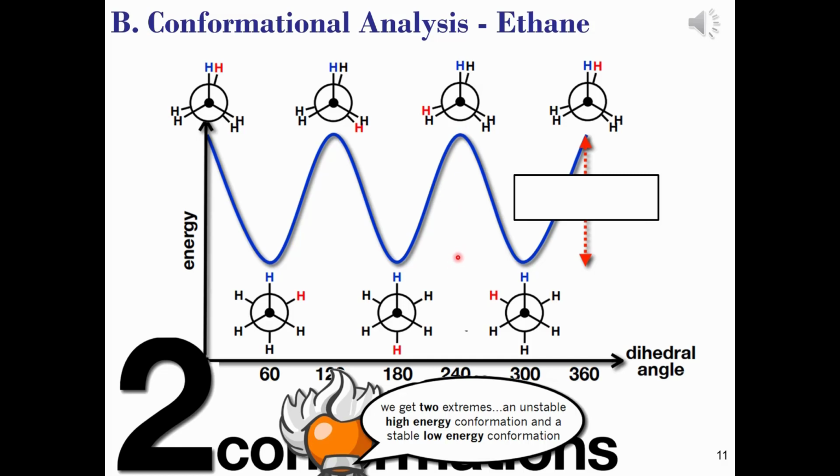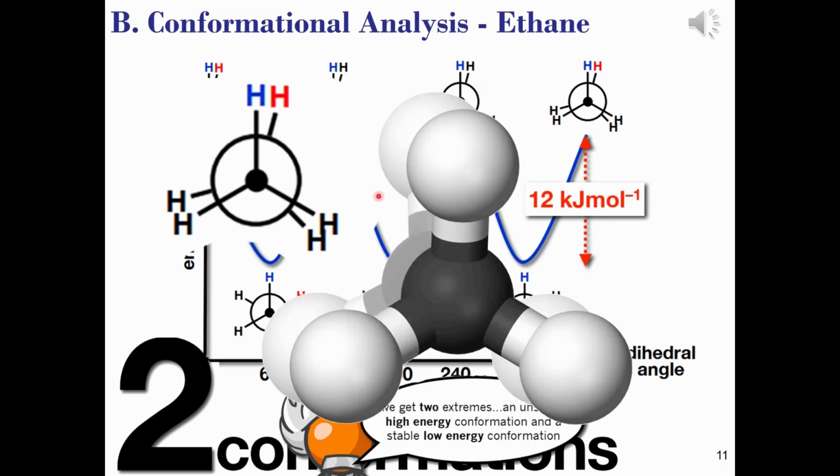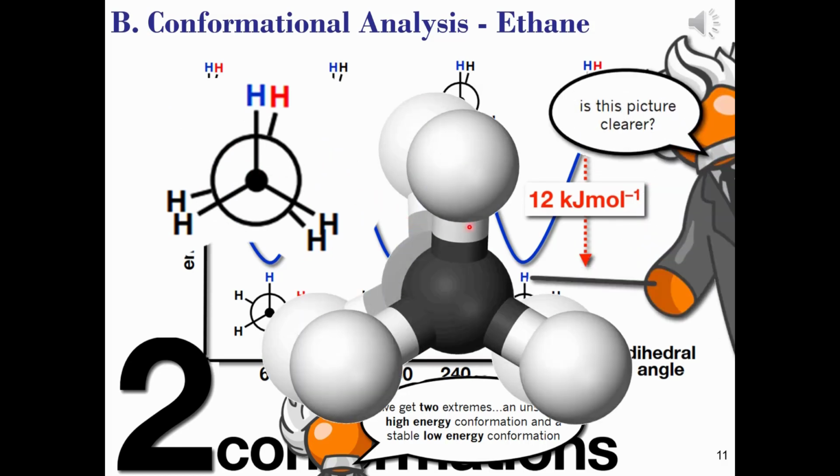In fact, the difference between these two energy conformations is 12 kilojoules per mole. With respect to the eclipsed conformation, the first one, remember this looks like this, but we offset the atoms slightly. So hopefully this picture is a little clearer.